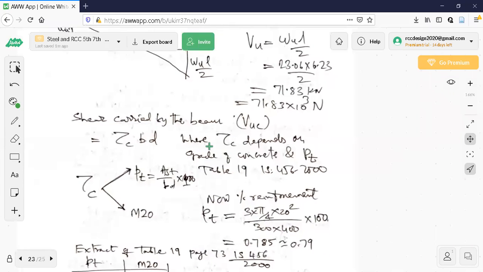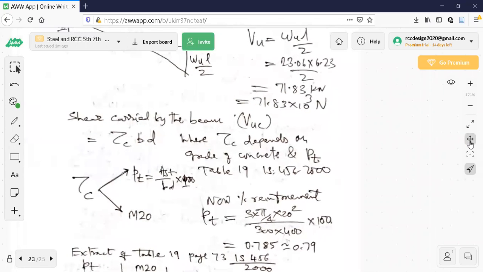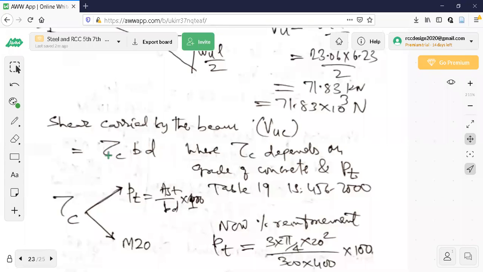Now, just observe how to decide whether shear reinforcement is required or not. You know that VU, which is WL by 2, is 71.83 into 10 raised to 3 Newton. Observe here. First, calculate tau c BD, the shear capacity of the beam.